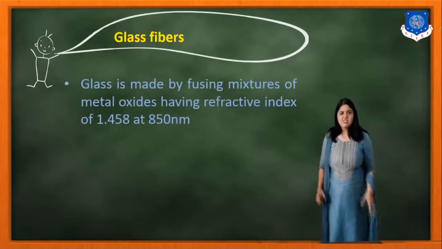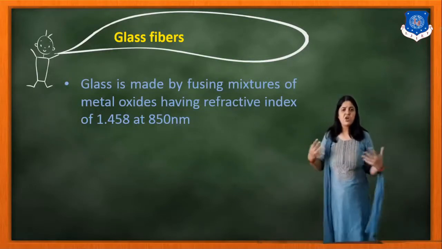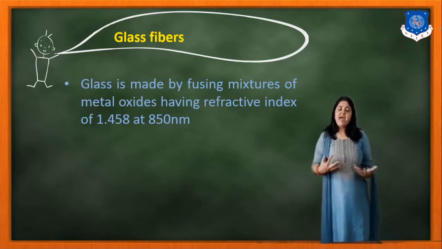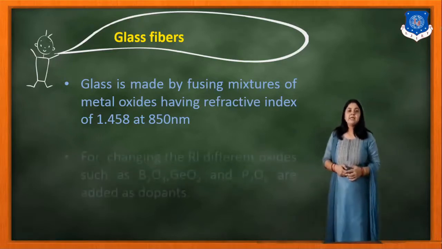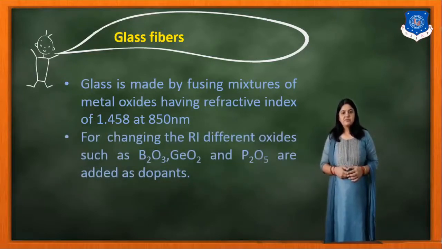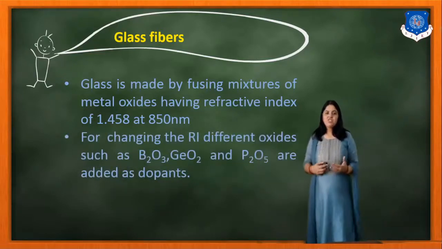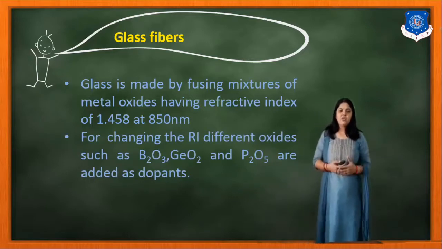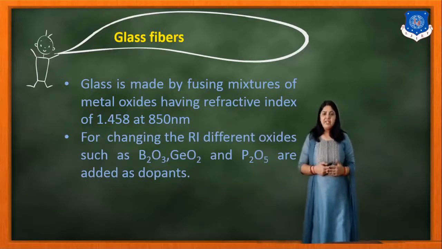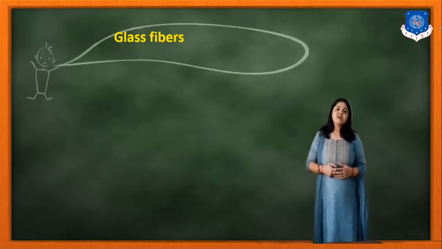Glass fiber is made using a mixture of metal oxides having a refractive index of 1.458 at 850 nanometer.